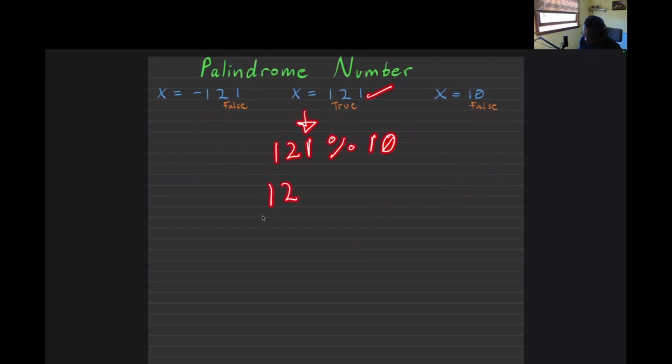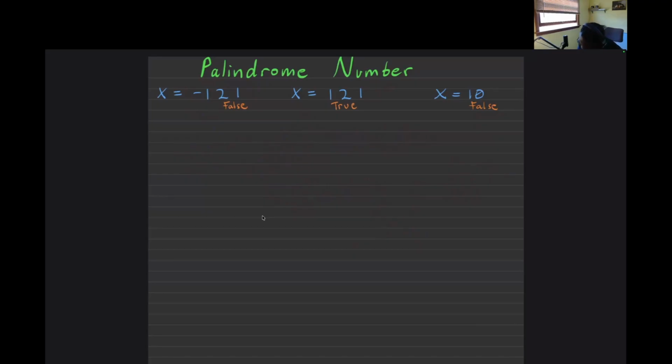Now if you floor divide 121 by 10, you completely remove the ones place, and the result is 12, okay? We're going to use that to build an integer that we compare to the input, and if it's equal, we return true, it's a palindrome.